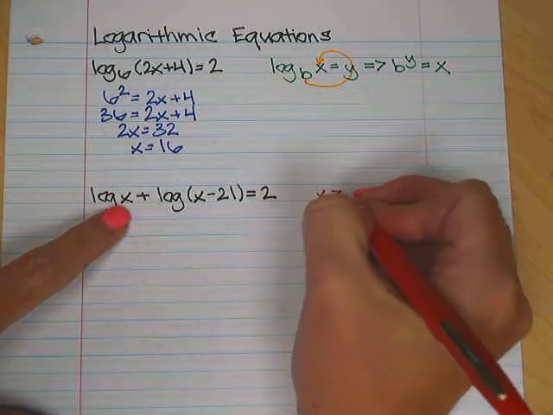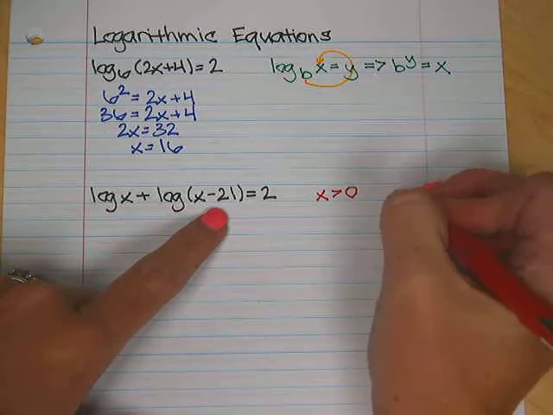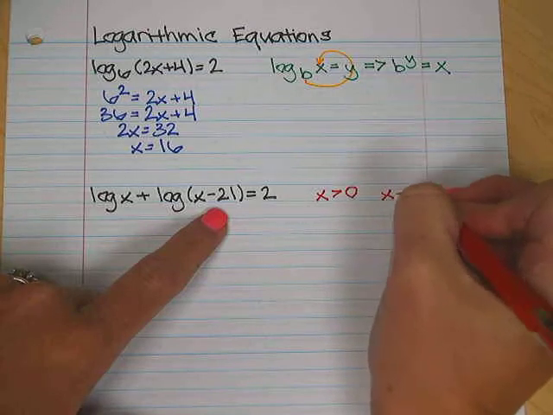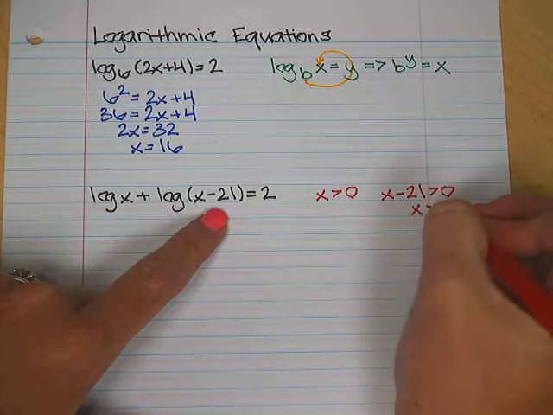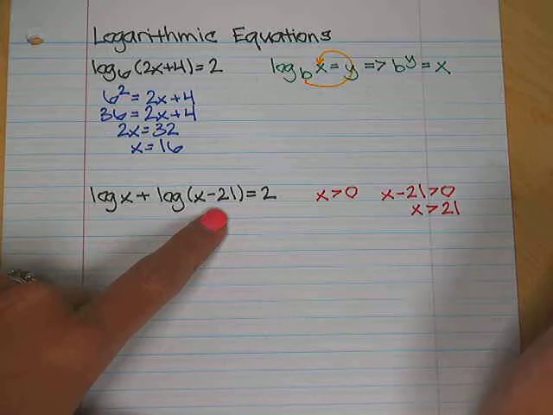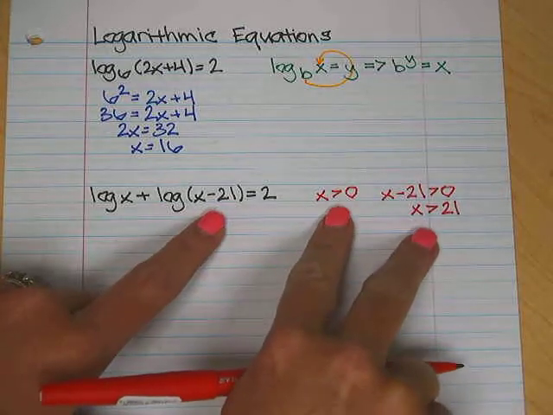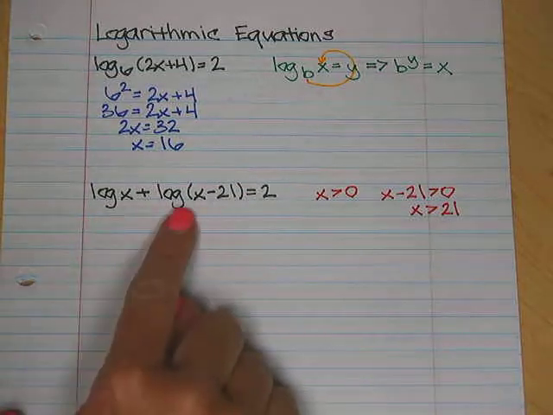So for this first guy here, I need x to be greater than 0. For the x minus 21, I need x minus 21 to be greater than 0, which means x has to be greater than a positive 21. Any answer value I get has to fit into both of those.